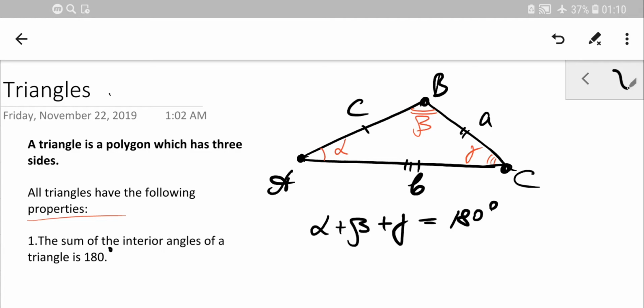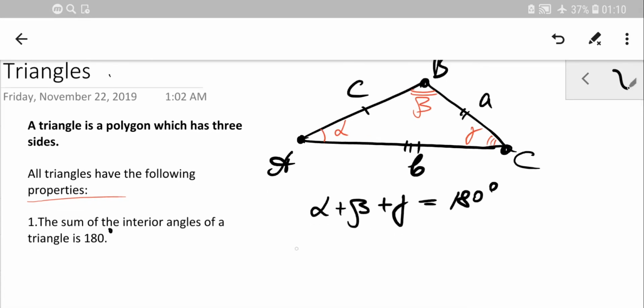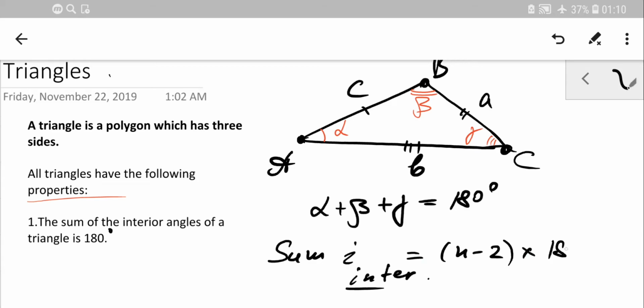You probably know from polygon theory that there is a general formula for the sum of all interior angles, sum of I's, where I stands for interior angle. It means that we have the formula (n minus 2) times 180, well known from polygon theory.